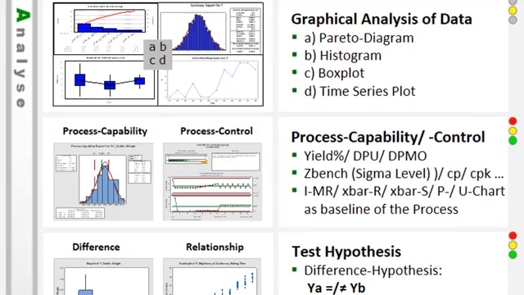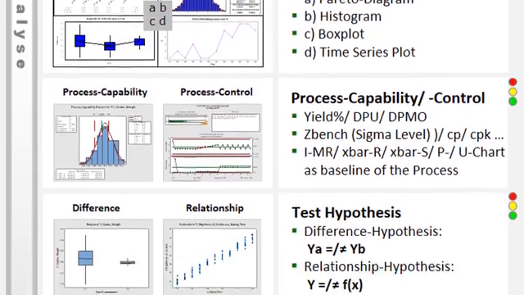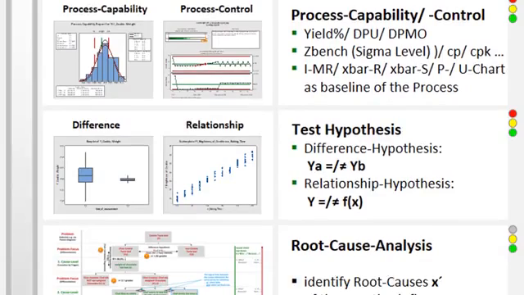Now the performance of the process can be determined by calculating the process capability and by generating control charts to determine patterns and signals in the data over time. In the next step, the hypotheses are statistically tested. Every statistical test gives you two important results.